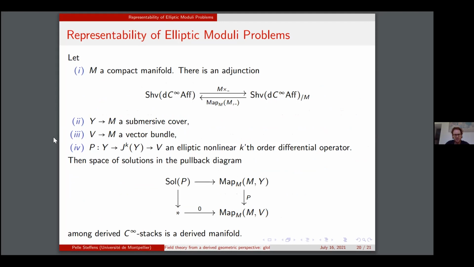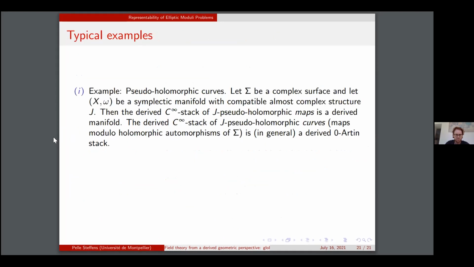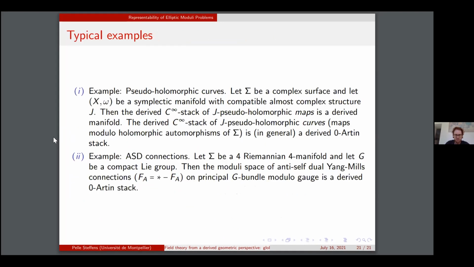It's just a little less neat and tidy to write down. But indeed, you can find slices for this gauge group action and prove that it is a derived zero-Artin stack.